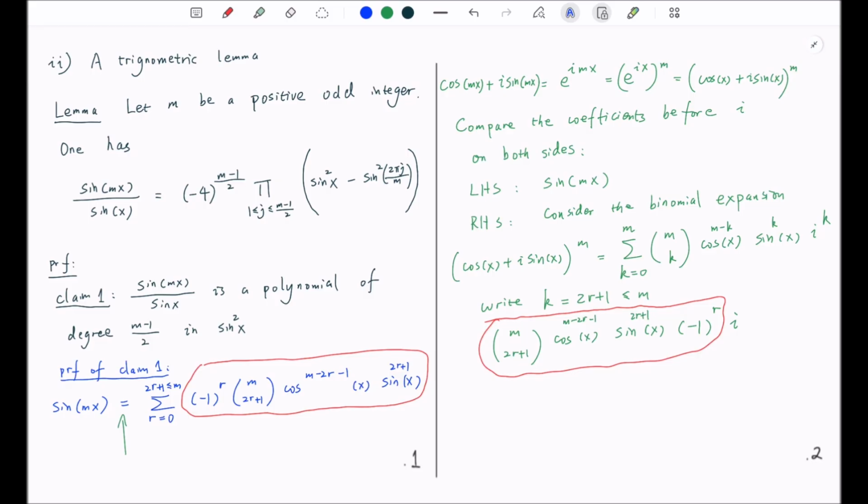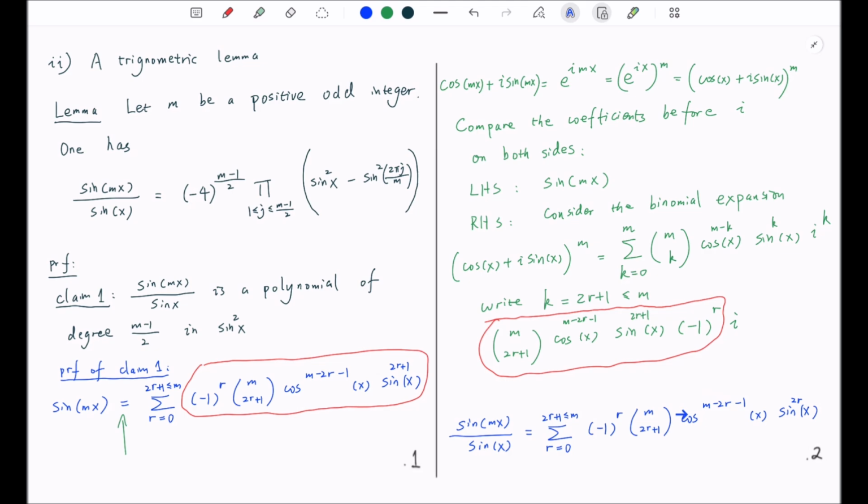And now let's see how this identity implies that sine of mx divided by sine of x is a polynomial of degree (n-1)/2 in sine of x squared. To that end, we're going to divide both sides by sine of x. From here, we see that this part is already a polynomial of sine of x squared.